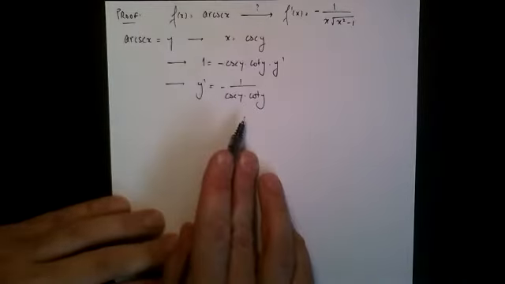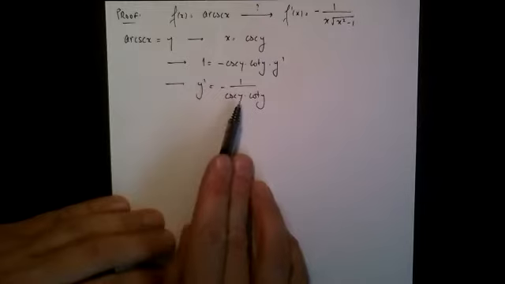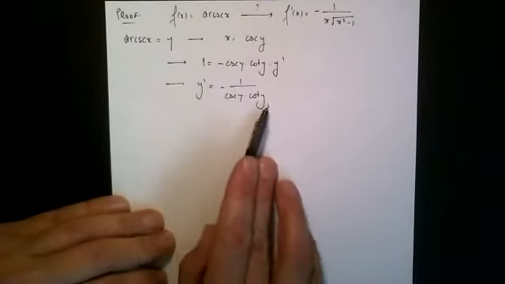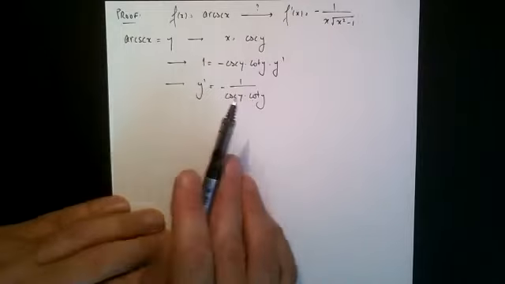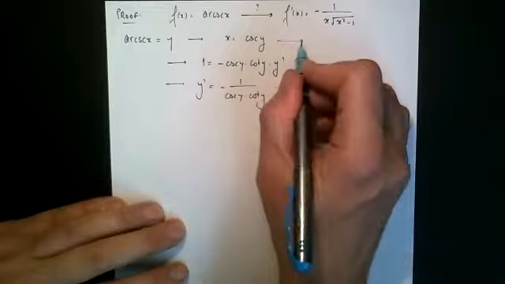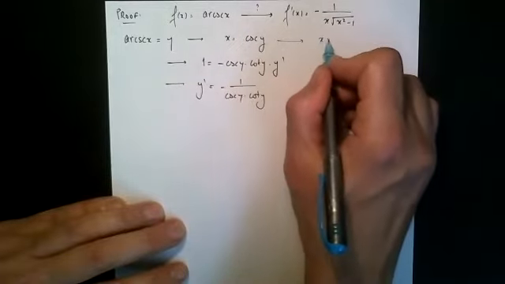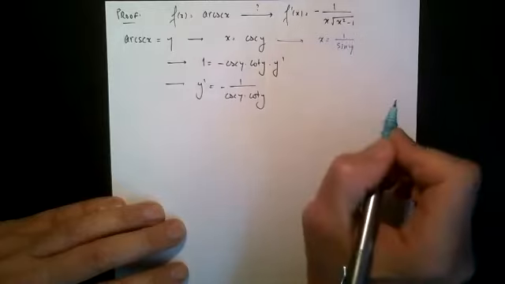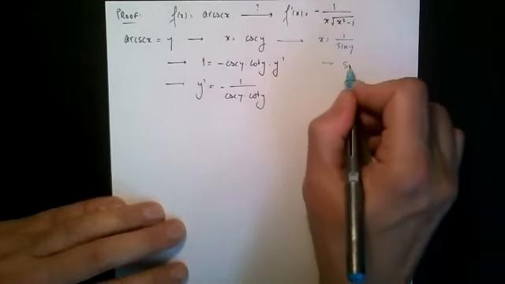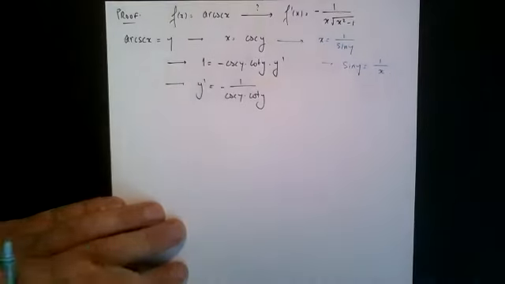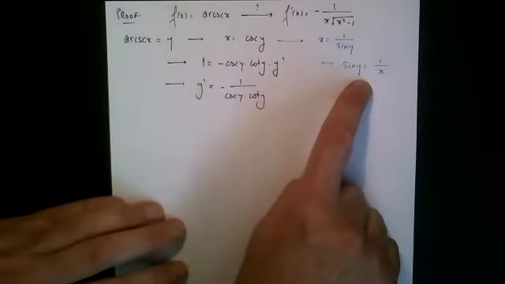Okay, so until here we're fine. And now cosecant y was very easy because we know it's x, so this is going to be x. We just need an expression for the cotangent. And for this, we need our little triangle. So again, x is cosecant, remember, is 1 over sine. And so this means that sine y is 1 over x. And now I could draw my triangle.